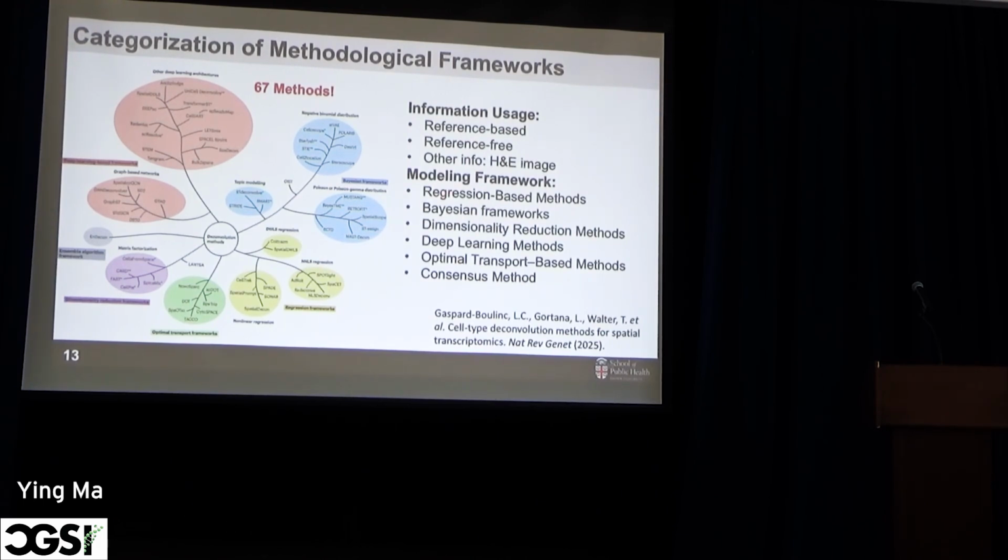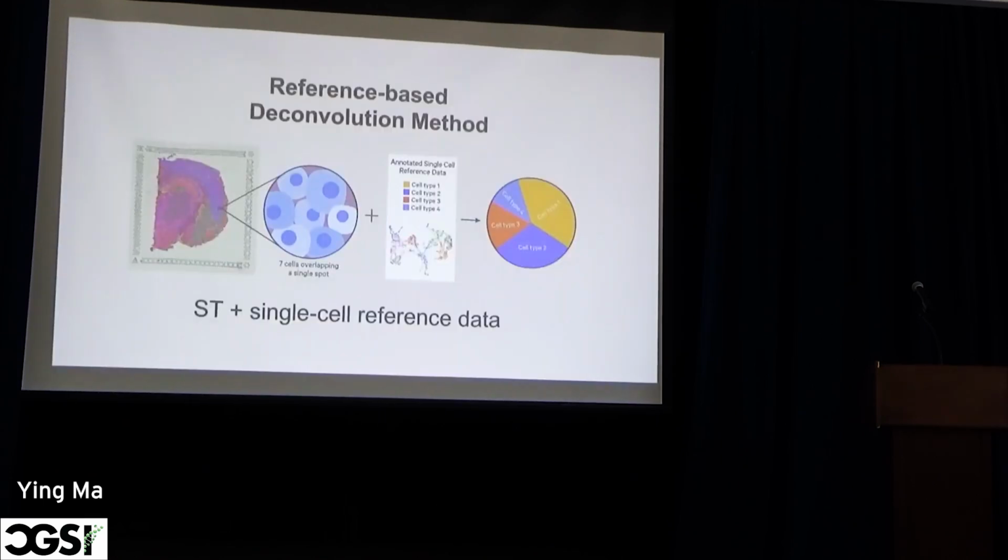However, based on the modeling framework, the deconvolution task can also be categorized into regression-based, Bayesian framework, dimensional reduction methods, deep learning methods, optimal transport-based methods, and consensus methods, which means using ensemble learning to combine all categories of methods to get a consensus cell type proportion. So let's first briefly look at representative methods for reference-based deconvolution.